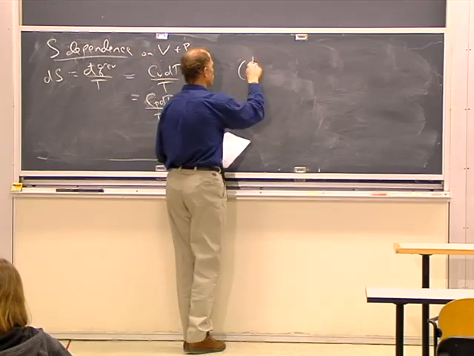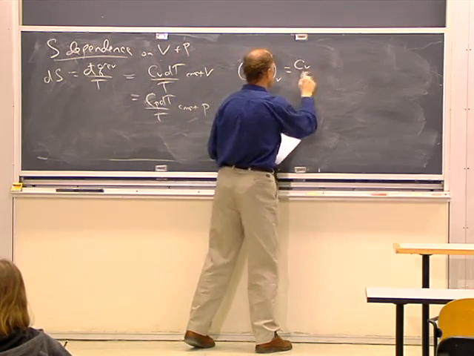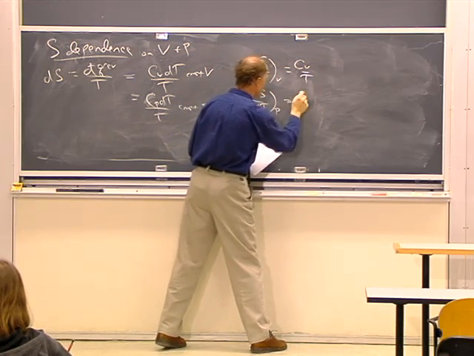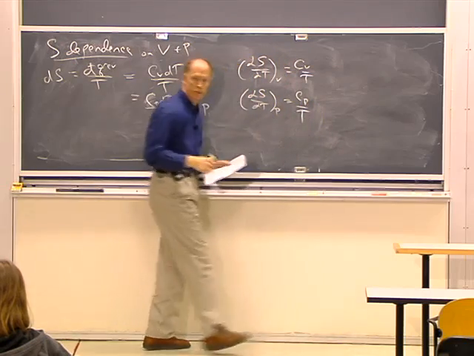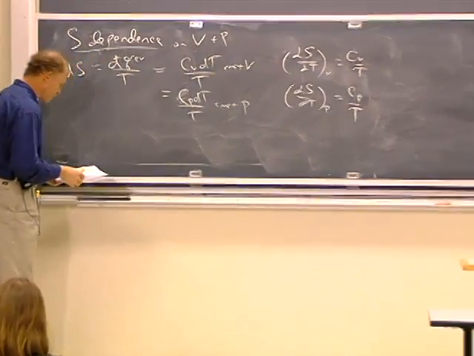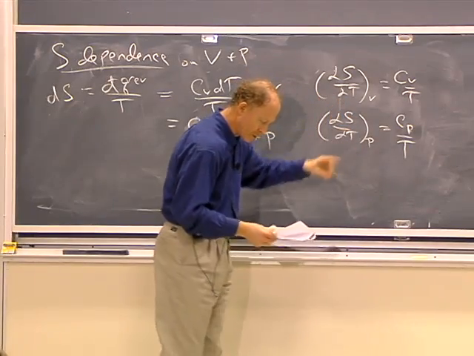So we know that dS/dT at constant volume is Cv over T, and dS/dT at constant pressure is Cp over T, and we've seen that on a number of occasions. Okay, so that tells us what to do to know the entropy as the temperature changes.